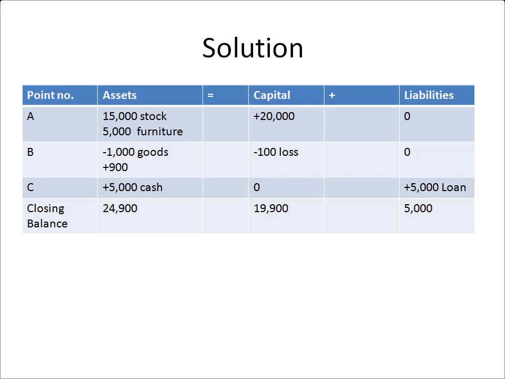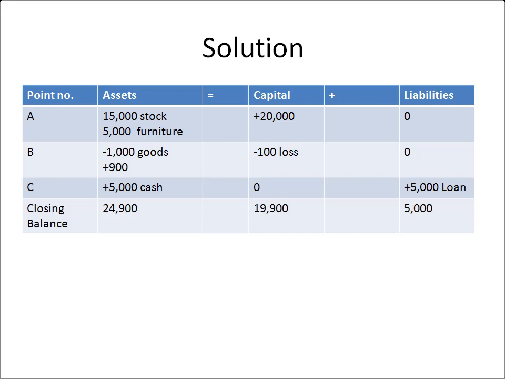If you sum up the debit and credit balance, that is positive and negative values, you will get a total of rupees 24,900 in place of assets and 20,000 minus 100 is equal to 19,900 in place of capital and rupees 5,000 in the liability side.